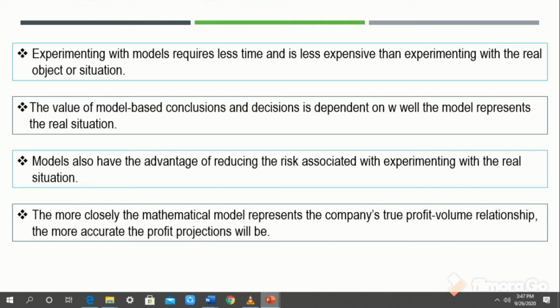For example, in our example earlier, you cannot just release 20 units just to find out how much profit you will make, because it is very risky if the product you released does not sell. That may sound very stupid, but imagine if there were no quantitative model; that is exactly what would happen. So, the more closely the mathematical model represents the company's true profit-volume relationship, the more accurate the profit projections will be.